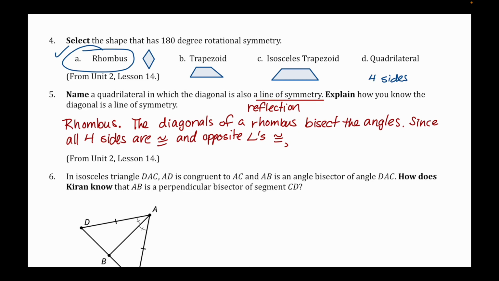Each piece should reflect onto, we'll say, a corresponding piece.